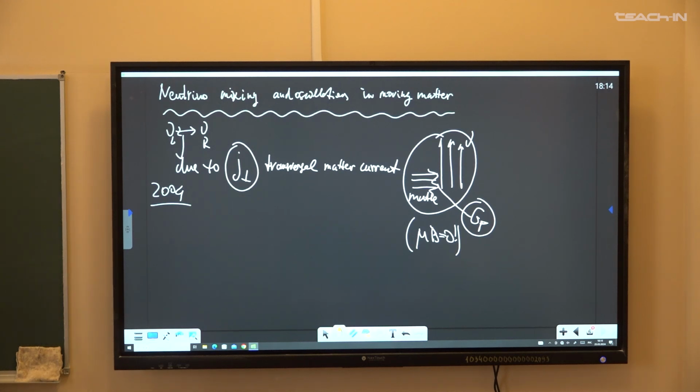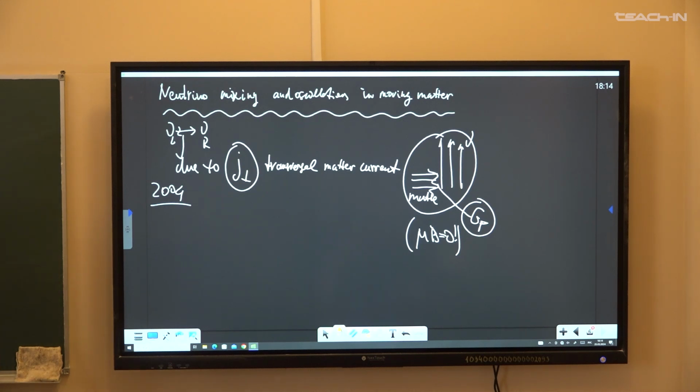And it was formulated as a result and introduction that this is a new phenomenon in respect to what was considered before, that spin and spin flavor oscillations can be produced only by magnetic moment interaction of neutrinos with a transversal magnetic field.